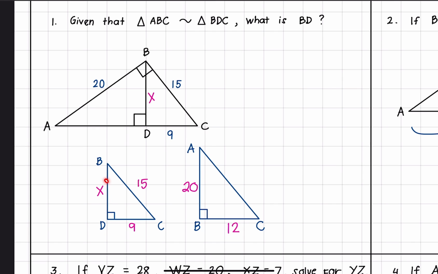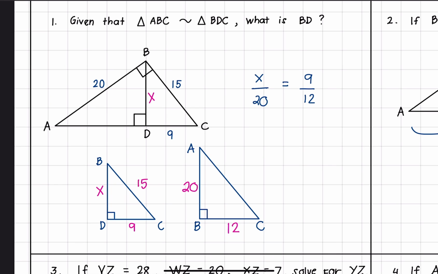So I can say that X over 20 is equal to another side that we can compare, side BC, which measures 9, and also side BC, which is equal to 12. So I can write here 9 over 12.